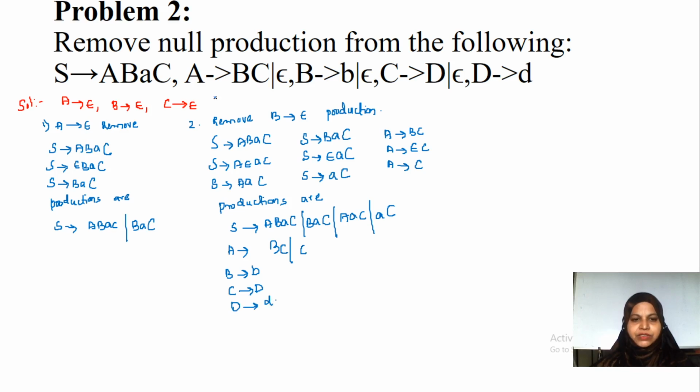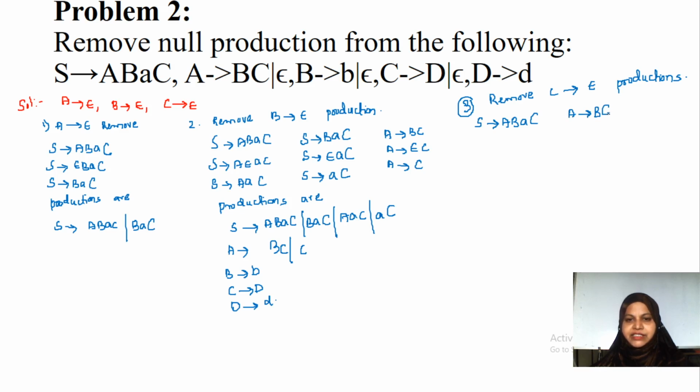Now what is my third step? I'll go here, third step. Just remove C tends to epsilon production. How we have to remove this C tends to epsilon production? What are my productions? S tends to A, B, A, C, A tends to B, C, right?